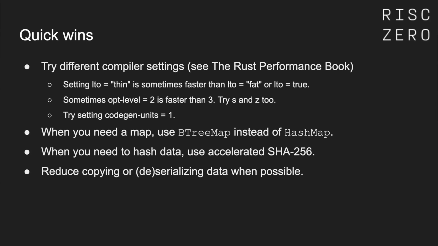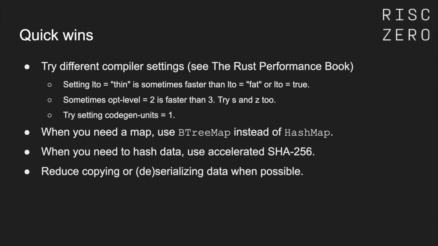Similarly, optimization level 2 is sometimes faster than optimization level 3. S and Z, which are both size optimized, are also useful settings to try, as well as messing with the codegen units setting. There's a ton of different compiler flags that Cargo and Rust expose, and it's worth trying them out.